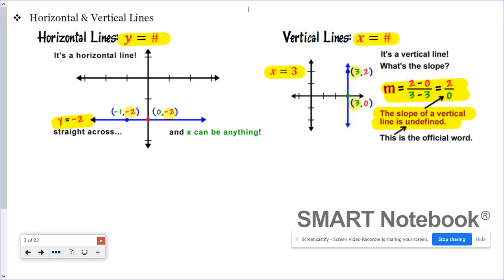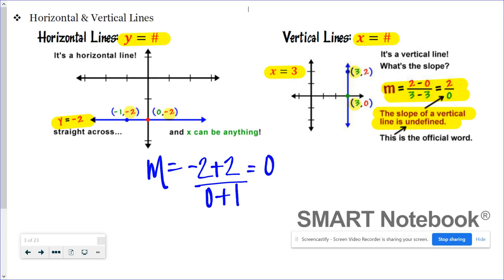When it comes to horizontal lines, if I were to use my slope formula, I would have y2 minus y1 over x2 minus x1. And I'm going to get 0 over 1. And this is simply 0. So horizontal lines always have a slope that will equal 0.